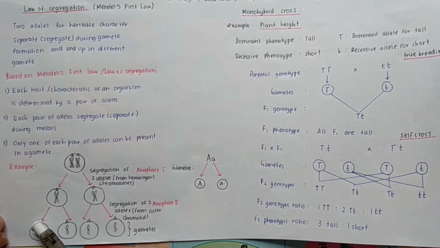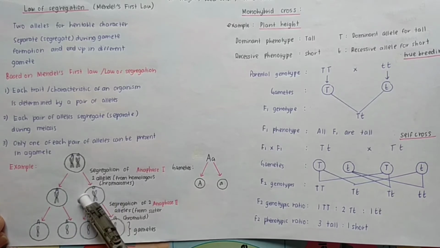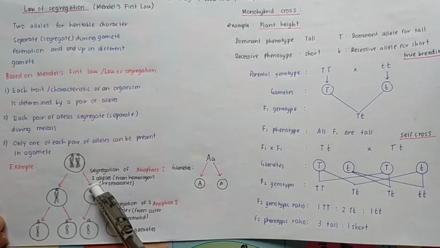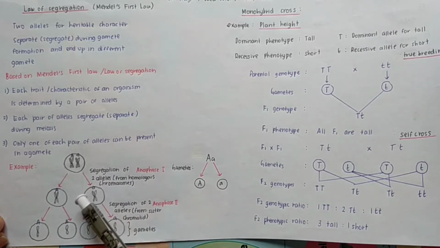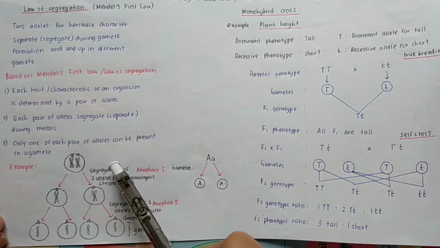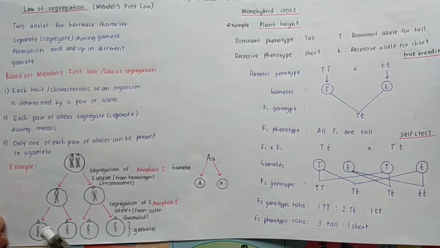So untuk setiap satu sel, ada dua kromosom like this. So akan ada allele A besar dan juga allele A besar. Manakala for the second one, since dia punya sister chromatid is already separated, dengan allele ni adalah A kecil, setiap kromosom ni akan ada allele A kecil. So secara konsepnya, kalau awak relatekan dengan law of segregation, these two alleles will be separated or segregate during meiosis and end up in different gametes.